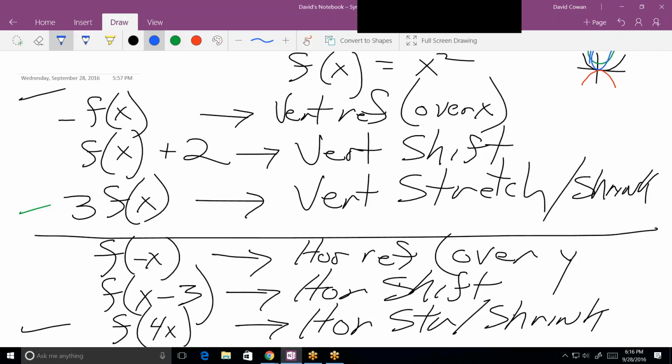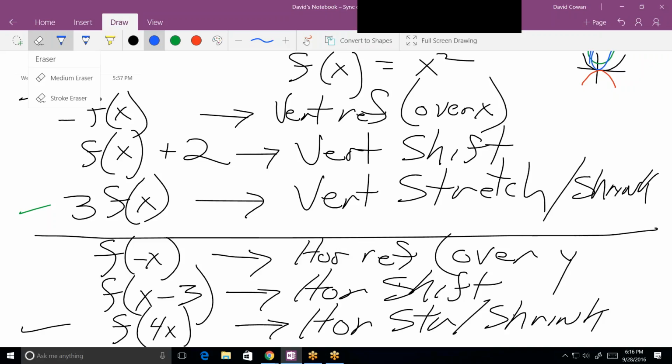Or whatever this number is. If that's 11, it's by a factor of 11. If this is 1.5, then it's by a factor of 3/2. Okay, so that's how the vertical transformations work.